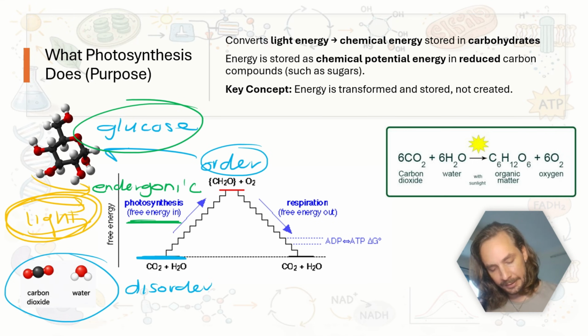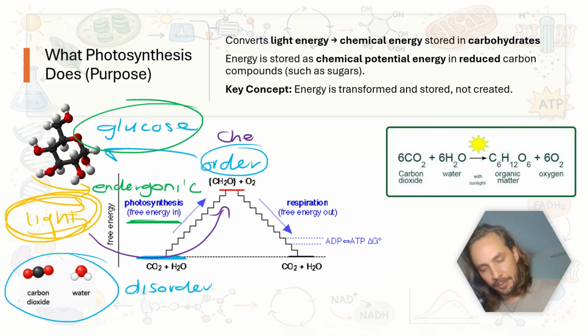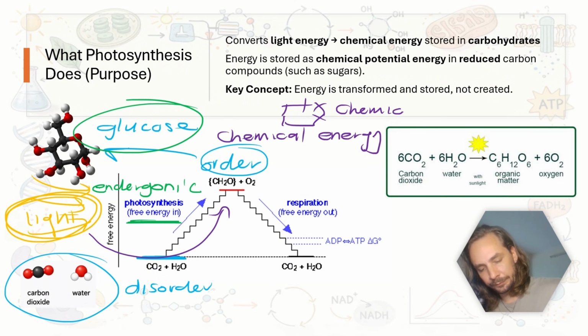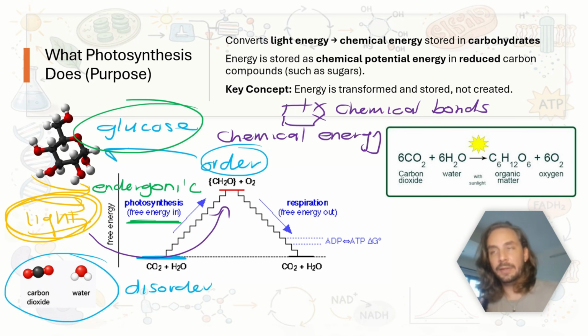Now, the whole idea here is that the energy from light is transformed. So this energy from light is transformed into chemical energy. And this chemical energy is what we find in the chemical bonds of these molecules, okay?